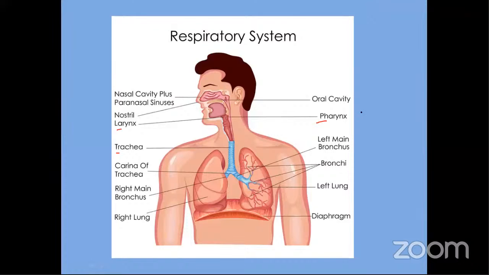Yes, होता है ma'am. So the code word that you should remember is PLT. PT खेलते हो? So here it is PLT. P is basically for pharynx, then you have larynx, and then you have trachea.